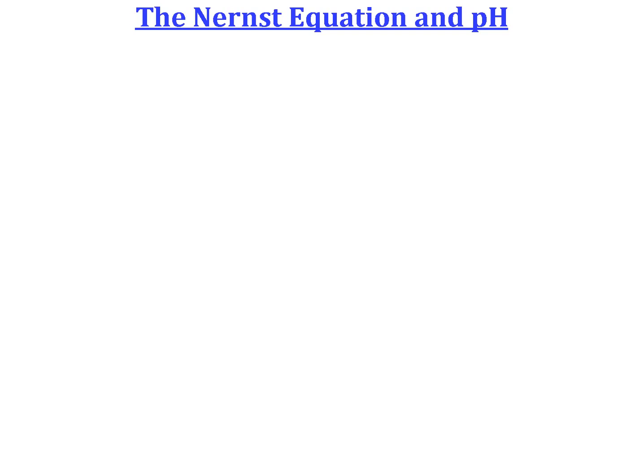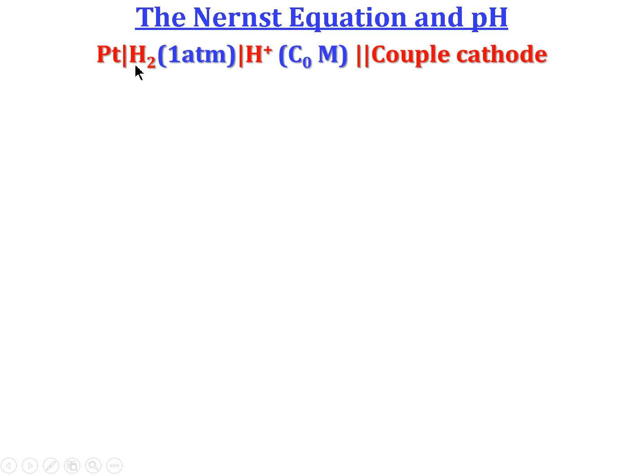If the couple Ox/Red does not contain an oxygen atom, that means H plus would not appear in the half equation, and in this case the Nernst equation is independent of the concentration of H plus, so the Nernst equation is independent of the pH.